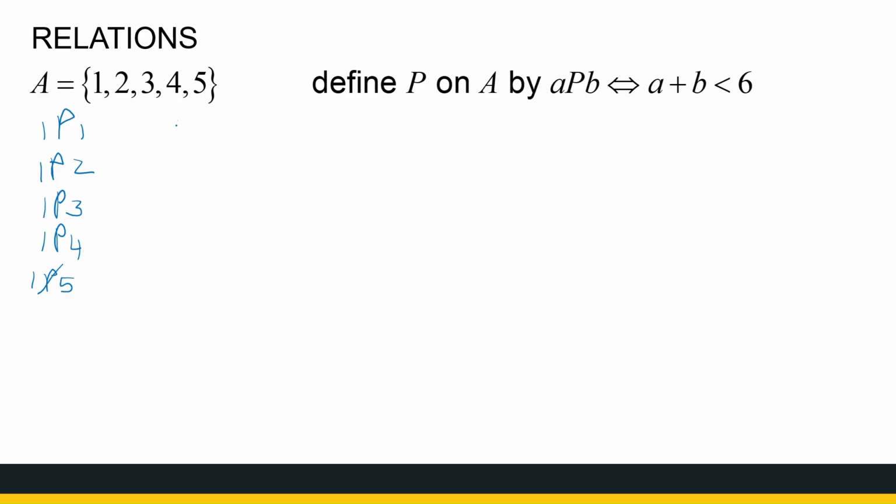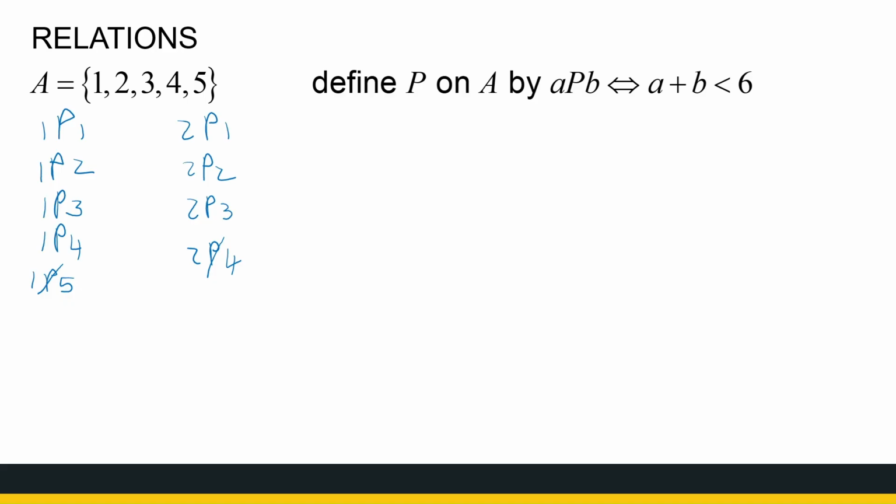And so we can look at all the elements. I can look at 2 P 1 is true, 2 P 2, 2 P 3, but that's where I stop. 2 P 4 is not, because 2 plus 4 is not less than 6, and so on. So I can form relationships between a lot of the elements in this set, and I can list all of them if I want to.